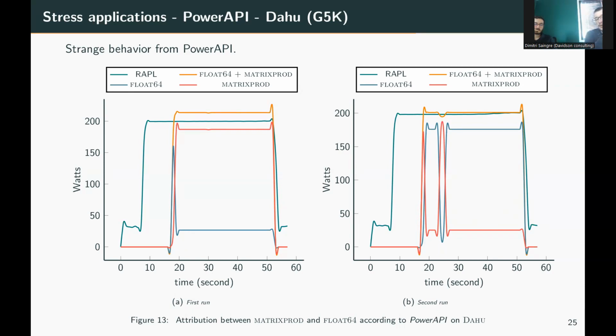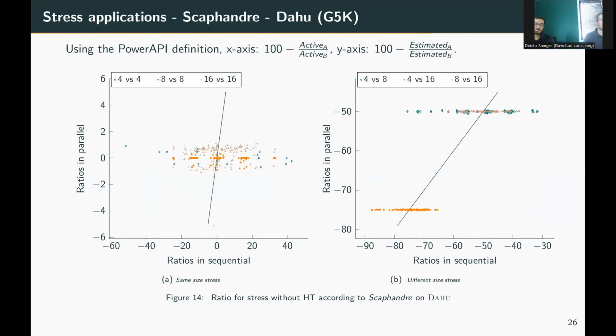But on the first run, Power API said that matrix prod was consuming more. The second run, with exactly the same configuration, Power API said the contrary. We ran the same experiment with Scaphandre, which had the expected results, the same we had with Ptero.